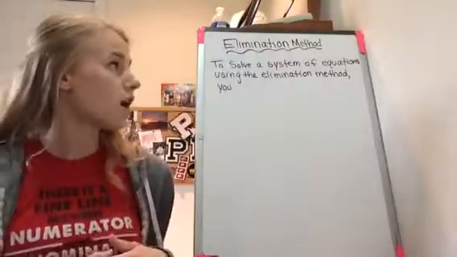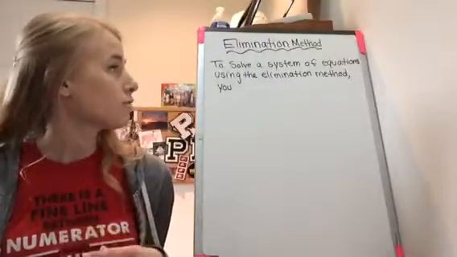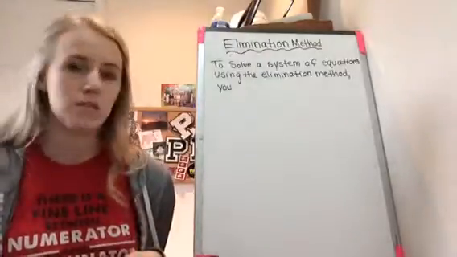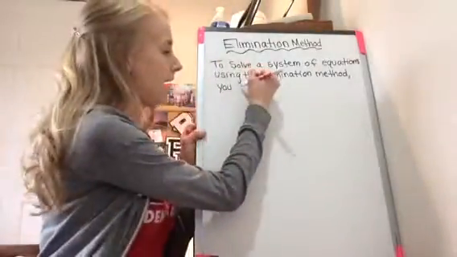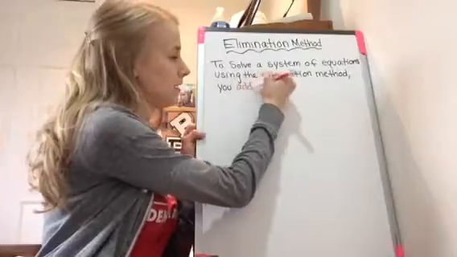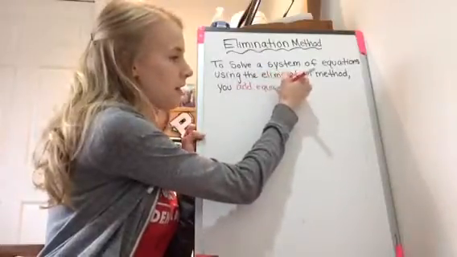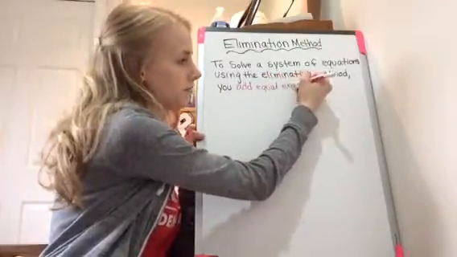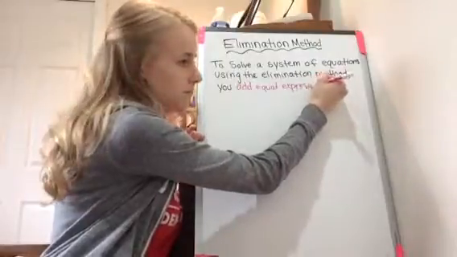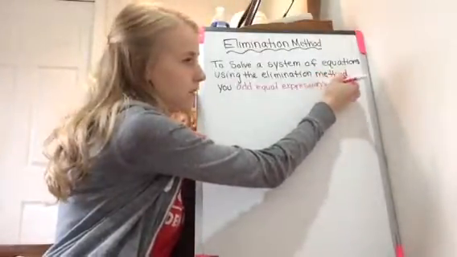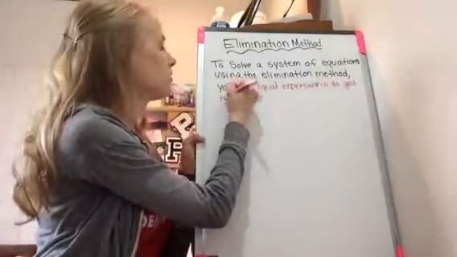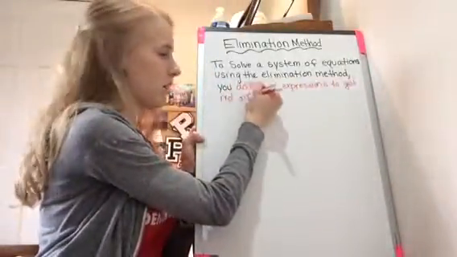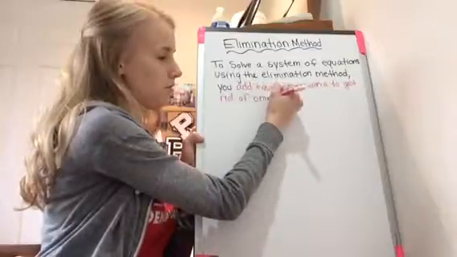In order to solve a system of equations using the elimination method, you need to add equal expressions to get rid of one of the variables.